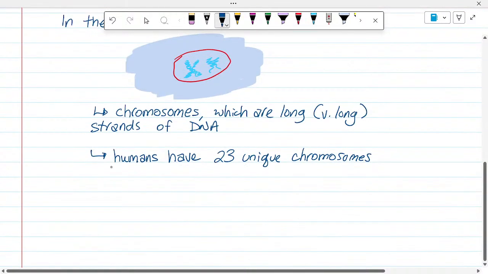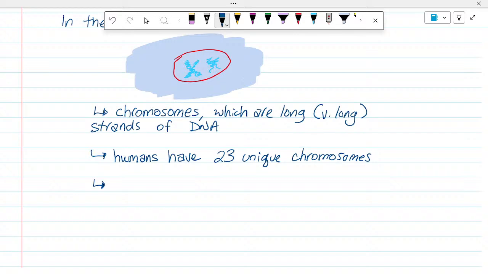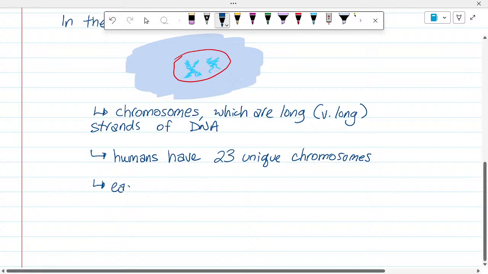And they're numbered 1 to 22, and then we do something weird with the last one, but we'll get to that in a minute. But again, given that there's 23 unique chromosomes, each of these contains many genes that code for many traits.